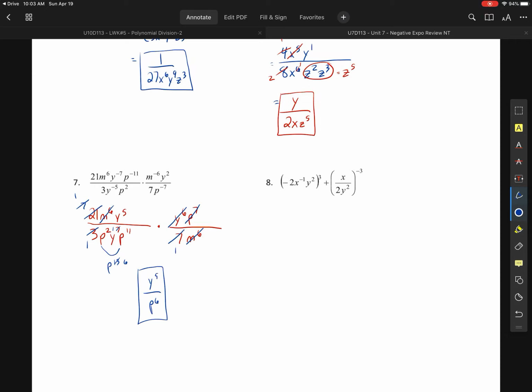I feel like I made a mistake. Drawing a blank for a second. Let me just look this over. So I have y, let me do y squared. Oh, caught my mistake. Alright, little error. This should just be a y squared. Alright, gotta fix that up. That's y squared.